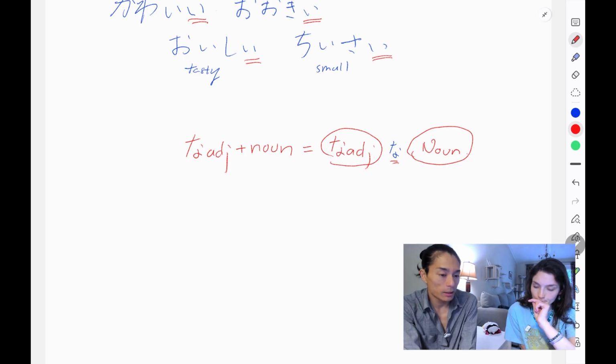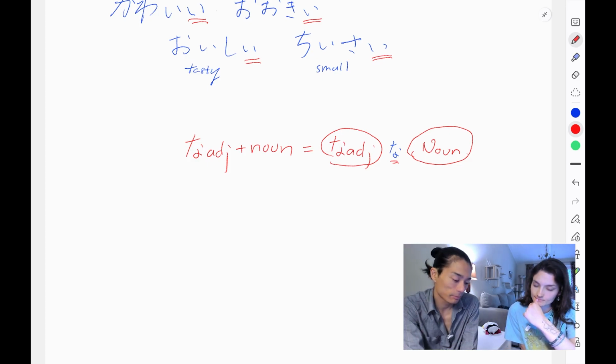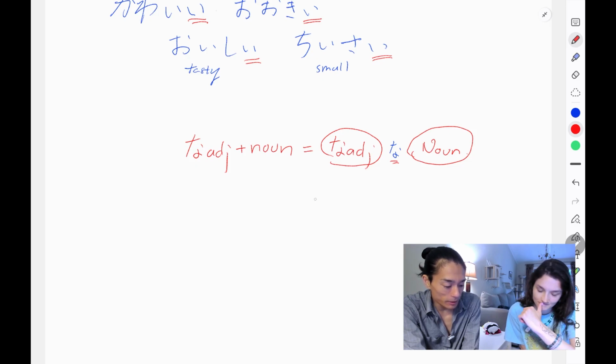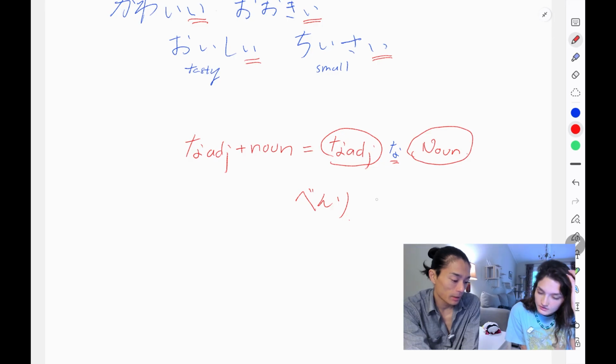So if you want to say convenient person, again inappropriate, we learned that benri is an adjective. Do you know how to say person? Hito. Nice. How would you say convenient person?